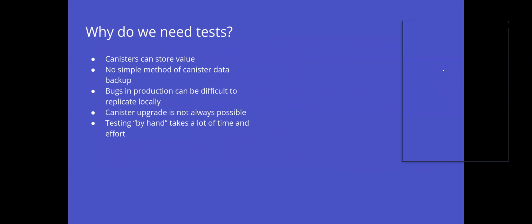And last but not least, but also really important, when we are at the beginning of the development cycle, testing what we have prepared by hand, like deploying the canister locally, deploying the UI, clicking, finding the bug, and then going back to the code, takes a lot of time. So preparing any canister will also take a lot of time, and that's why we need tests.